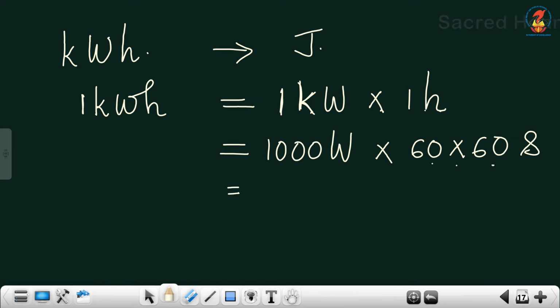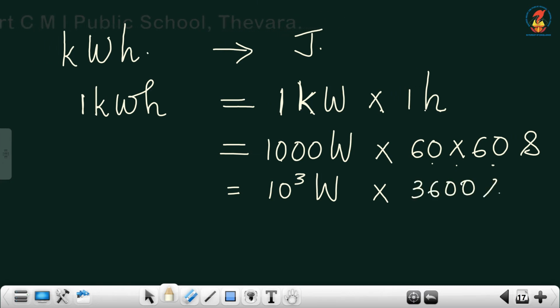Now 1000 watt, in terms of exponents, is 10 raised to 3 watt, since it has 3 zeros. 10 raised to 3 into 60 into 60 is 3600 seconds.